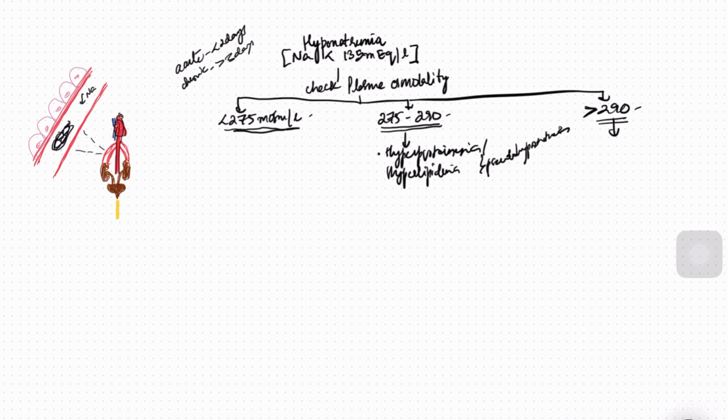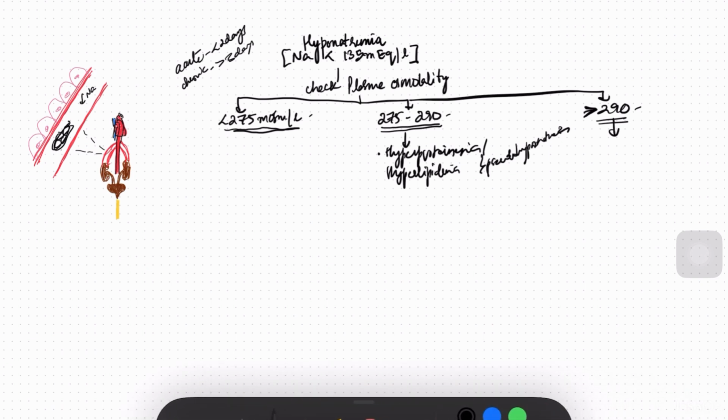And if the plasma osmolality has increased, then you'd begin to wonder why. In this case, for example, if there's hyperglycemia or you're using mannitol, these increase the plasma osmolality, right?